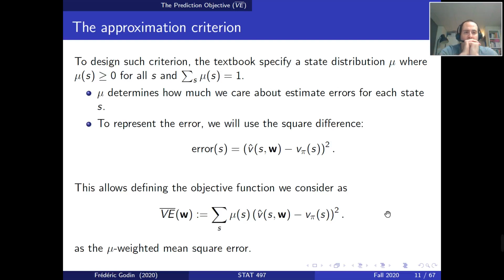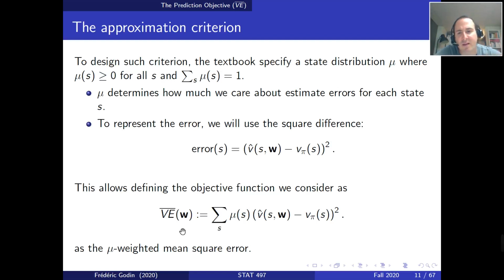So to assess the adequacy of the approximations designed through methods of this chapter, we will first have to specify an objective function. We will try to optimize the policy with respect to some objective function. So now let's define our objective function. For that, the textbook proposes a metric, the VE bar, that we will define right now.